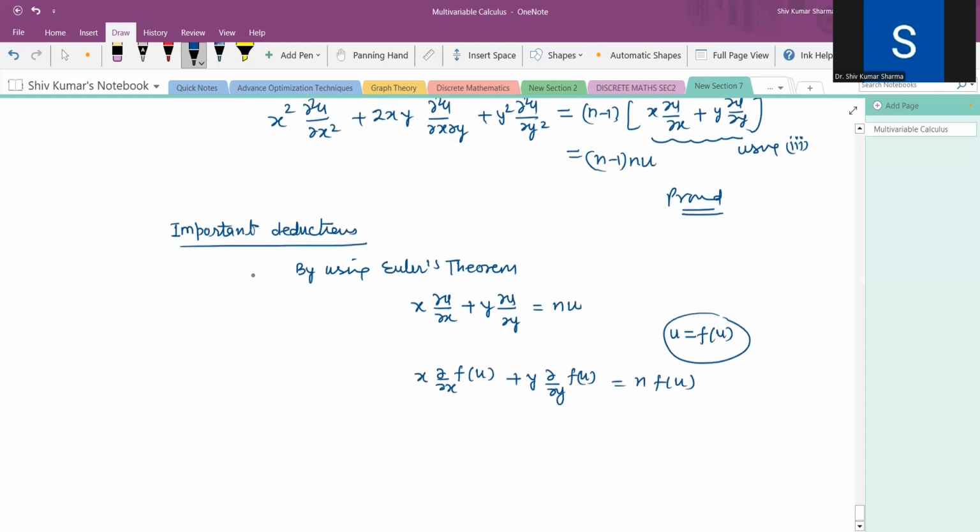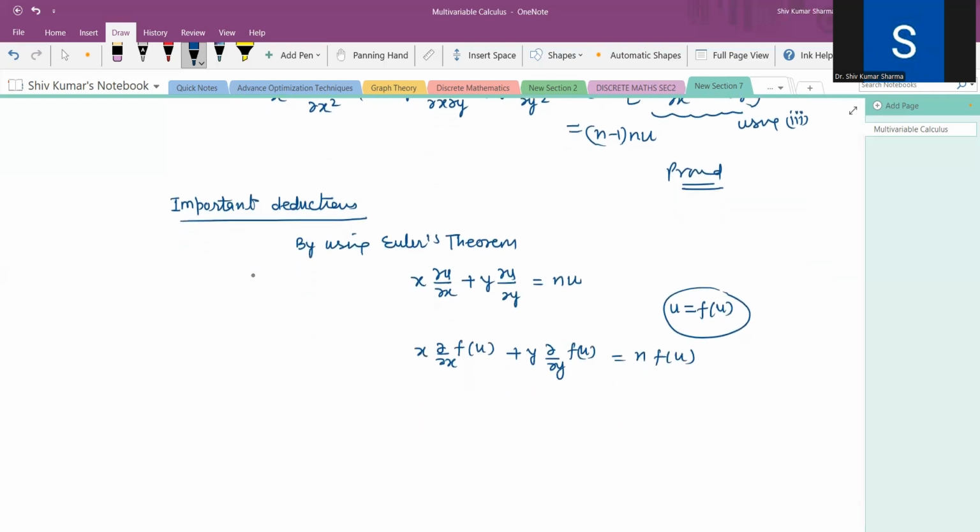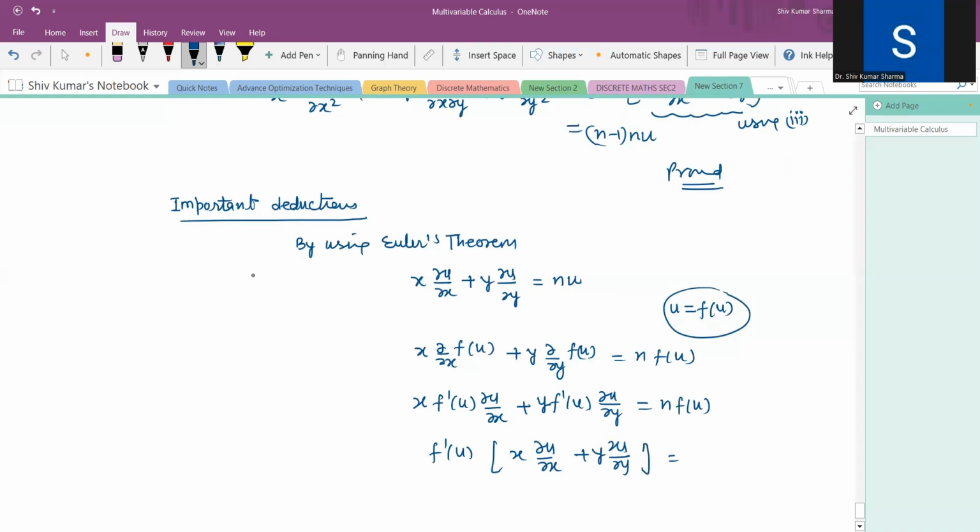So when we differentiate this f(u) with respect to x, because u is also a function of x, we write f'(u) into ∂u/∂x plus y, again f'(u) with respect to y, ∂u/∂y, is equal to n f(u). So we can take f'(u) common. So we have f'(u)[x ∂u/∂x + y ∂u/∂y] = n f(u).